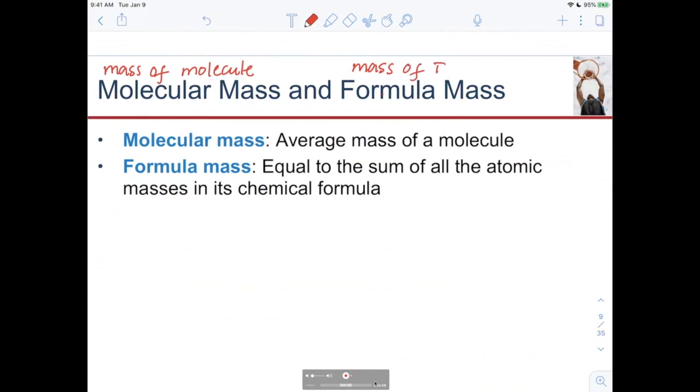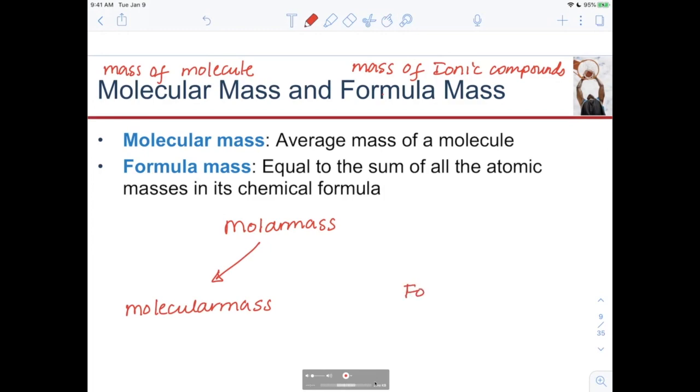Mass of ionic compounds. Okay, so as far as terminology is concerned, the term molar mass is usually used as an umbrella term to represent both. So molar mass can then be broken down to molecular mass or formula mass.